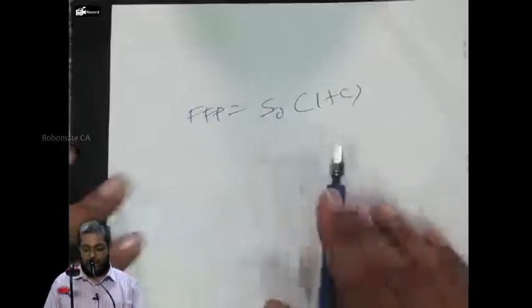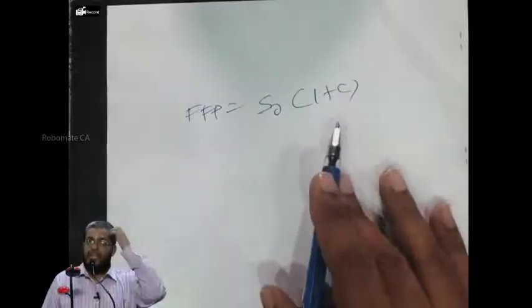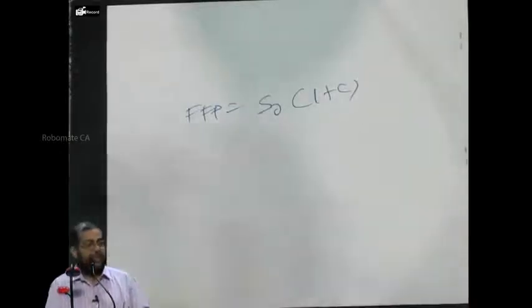But fair futures price is equal to spot price into 1 plus C. Everybody understanding it or not?